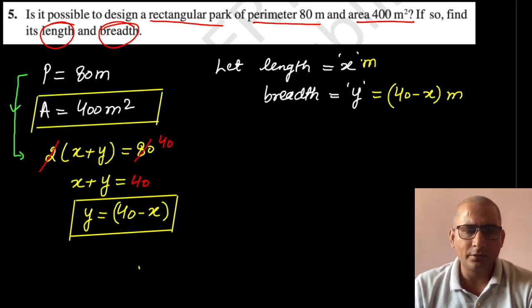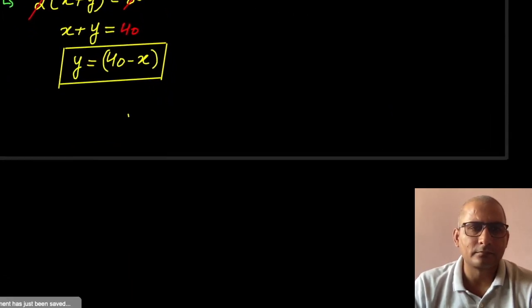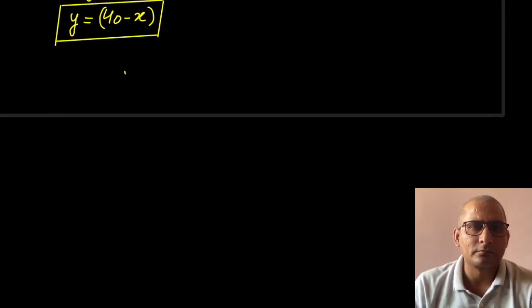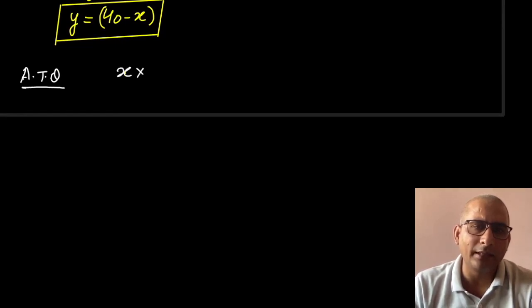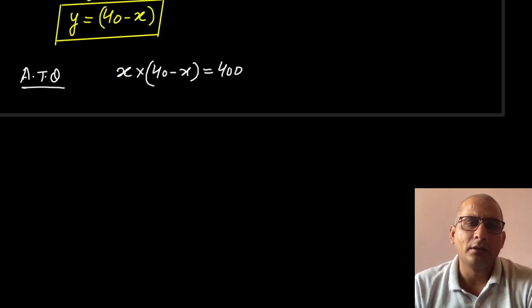Now according to the question, so area कितना होगा? Length x है और breadth है 40 minus x. So length into breadth is equal to 400, right? Open the brackets.